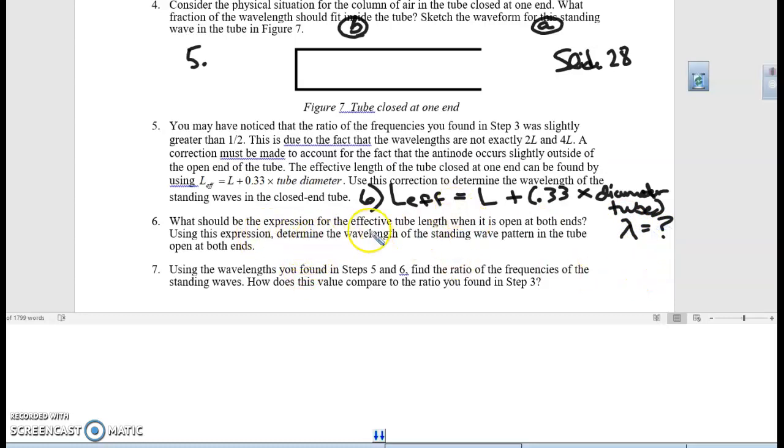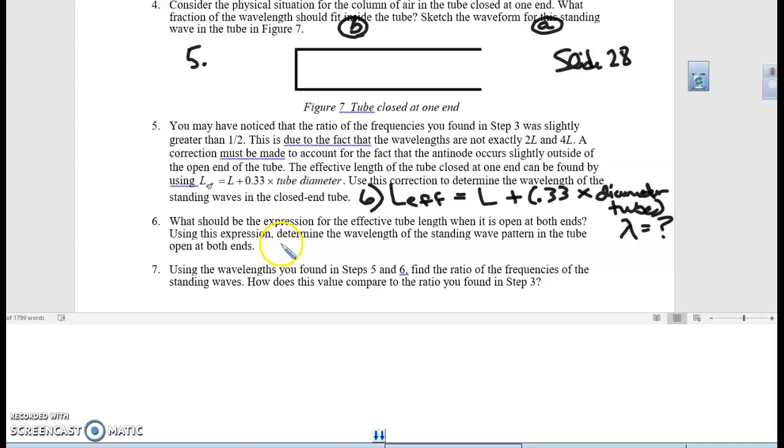Now, what should we do for an effective length if it's open at both ends? The reason we're doing the correction is that the antinode is slightly outside of the tube, right outside of the tube rather than exactly inside the tube. So that's where they're making that correction.